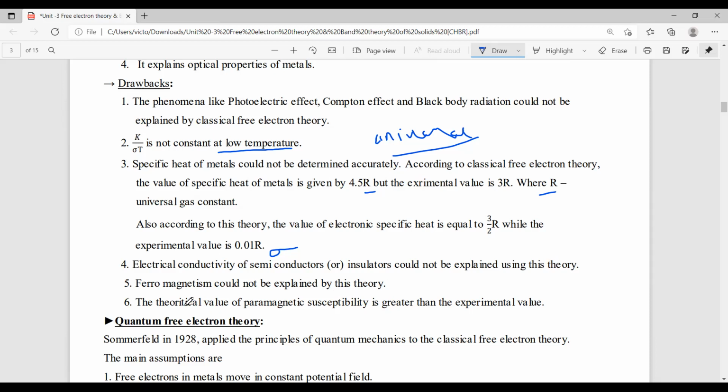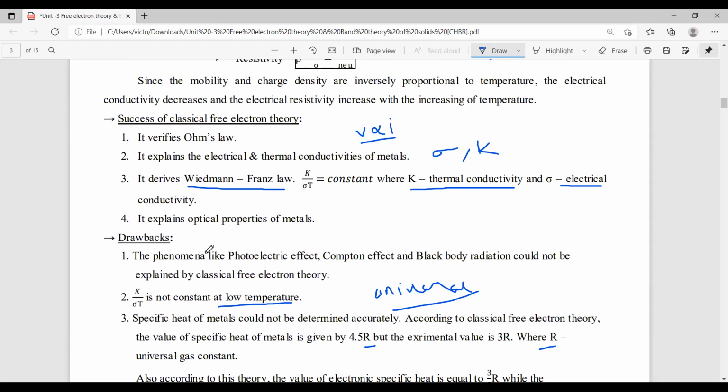So the theoretical value of paramagnetic susceptibility, which is indicated by the letter Xi, is also more compared with the experimental value. So these are the drawbacks of classical free electron theory.